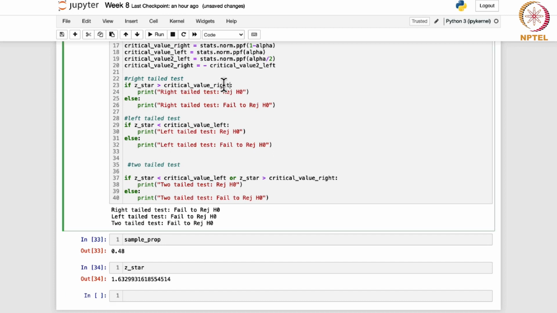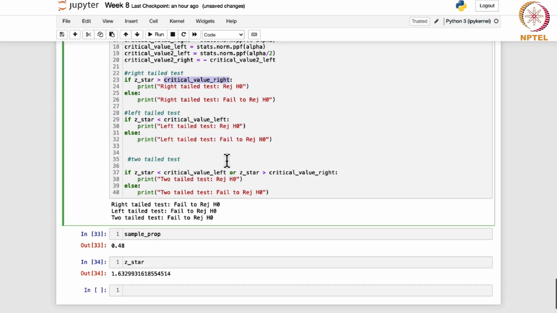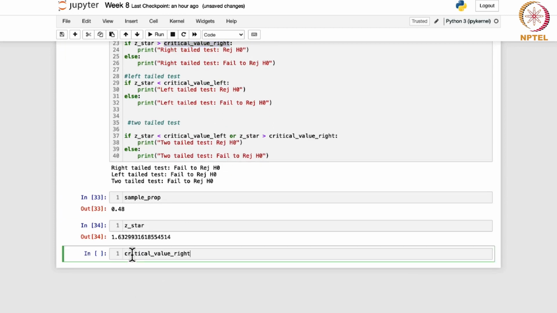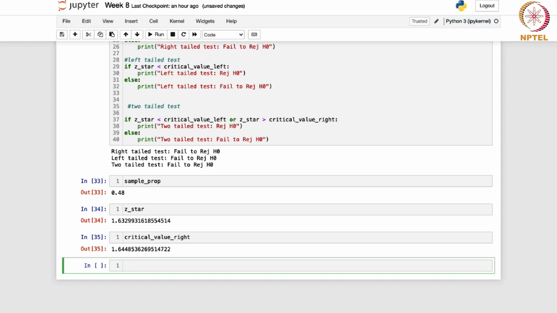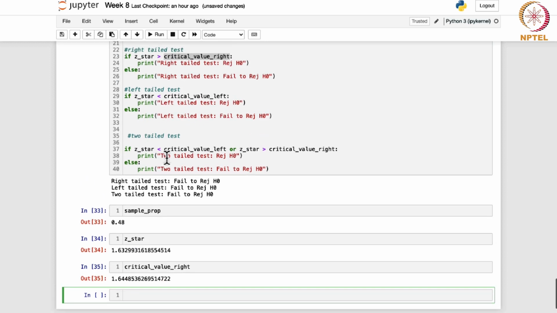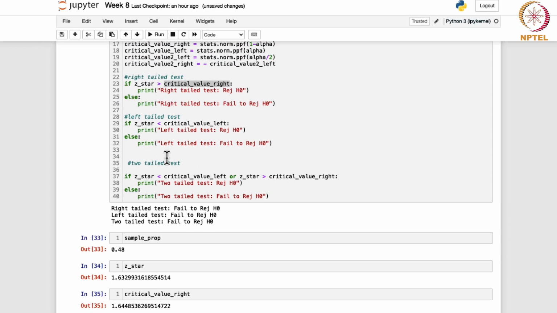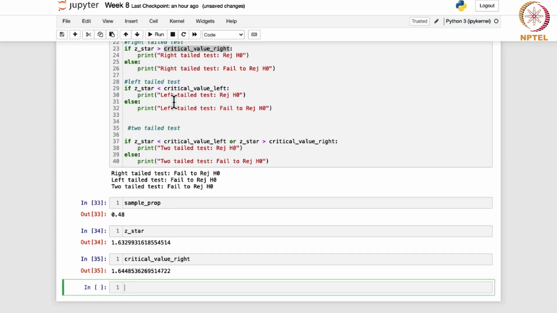Okay, so your critical value is 1.6448. So Z star actually is not greater than your right tail critical value, but is very near. Maybe if you change 1 or 2 values, then it would actually be rejecting the null hypothesis.